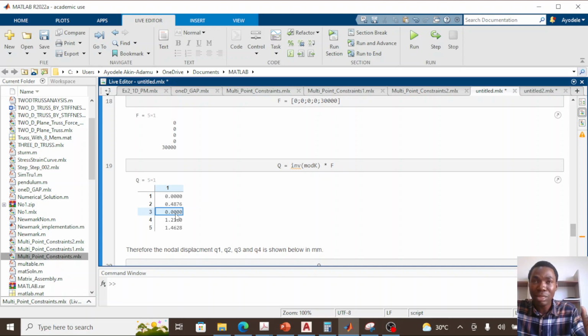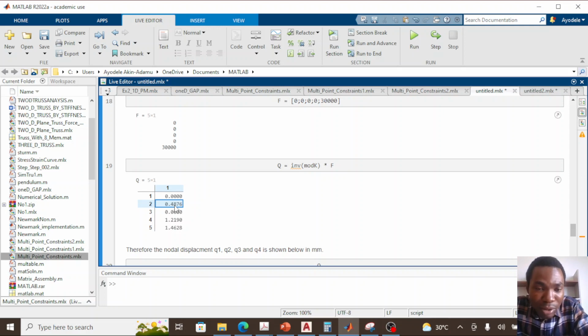Yes, because we have a 0 support degree of freedom at node 3. At node 4, the displacement is 1.2190. At node 5, the displacement is 1.4628.